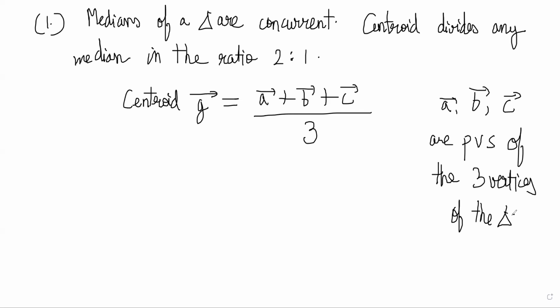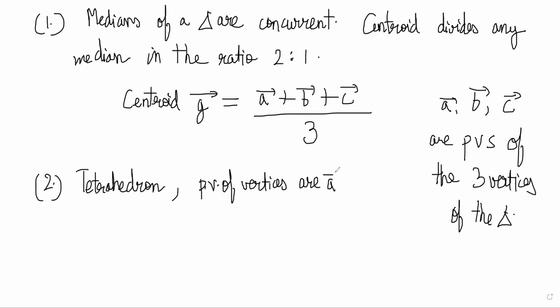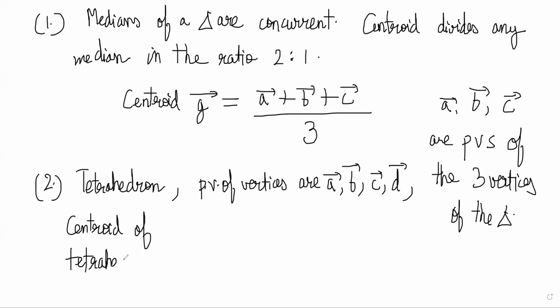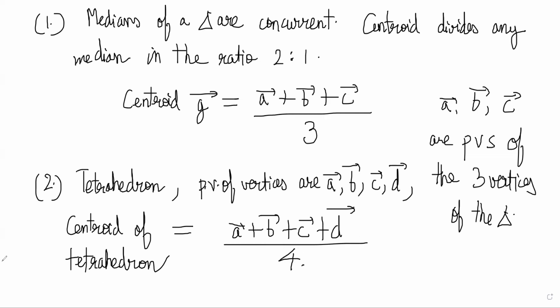Similarly, what we can do also is if you have a tetrahedron with 4 vertices and the position vectors of vertices are A, B, C, and D, then the position vector of the centroid of the tetrahedron will be A plus B plus C plus D whole divided by 4. So again, this is a fact that you should know, right?